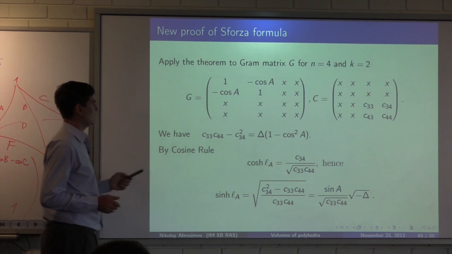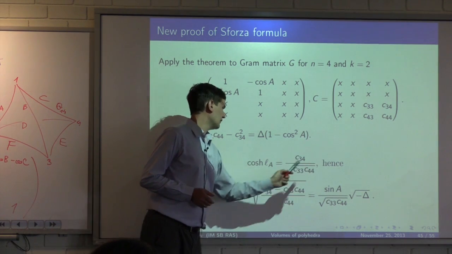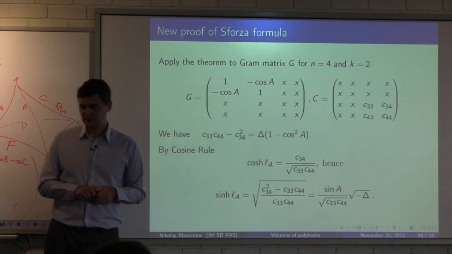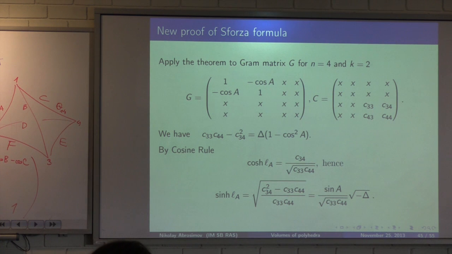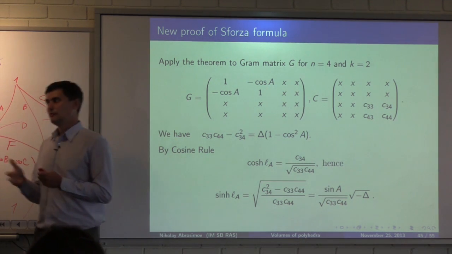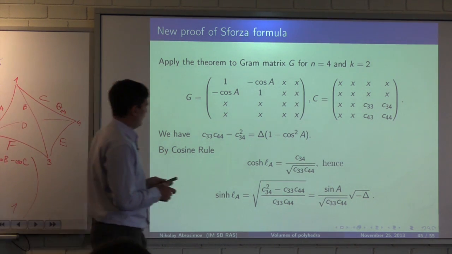After that, we combine this equation with the cosine law, the cosine rule for a hyperbolic triangle. By the way, Schläfli didn't know the cosine rule for hyperbolic tetrahedron, and that was maybe one of the reasons why he could not find a simple proof.